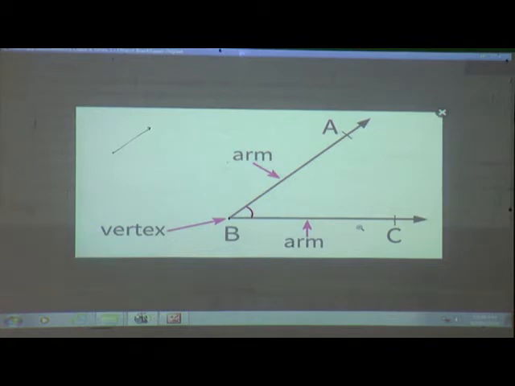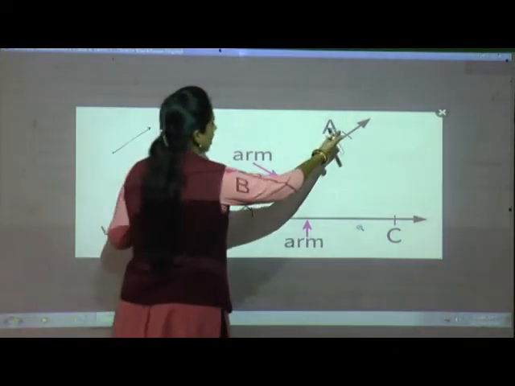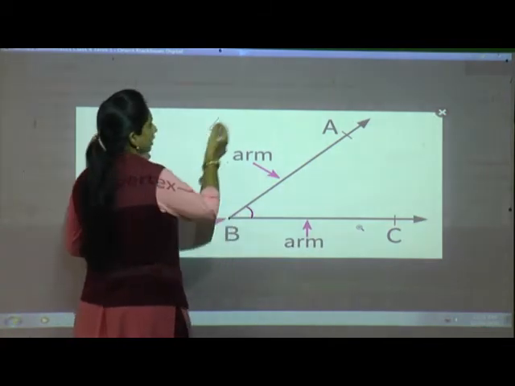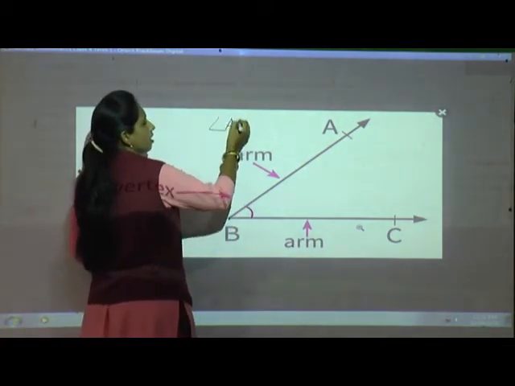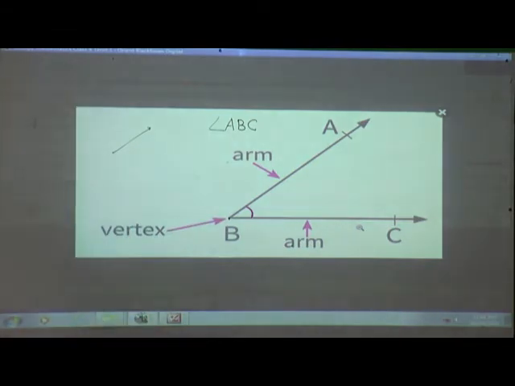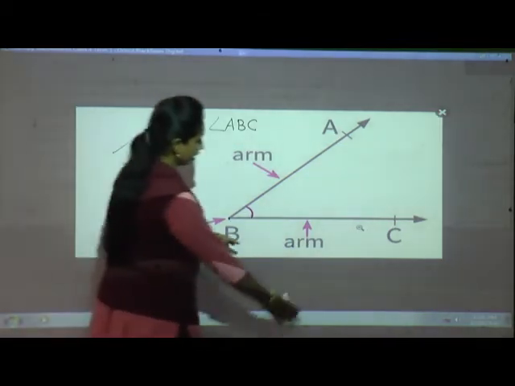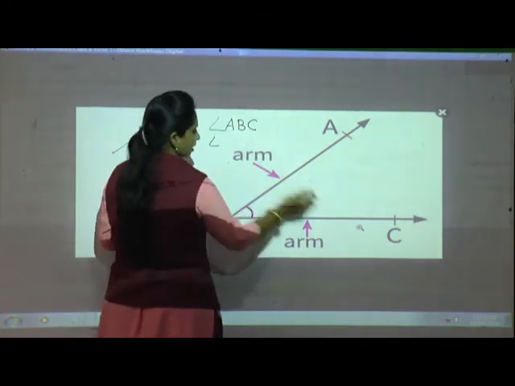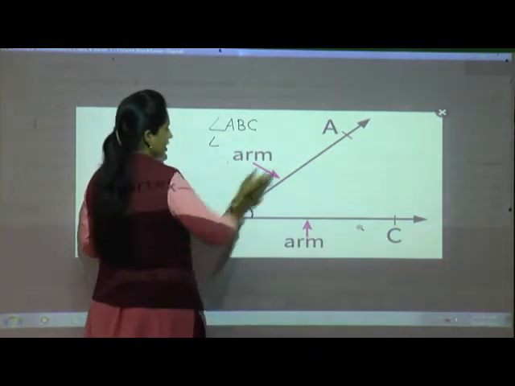The angle is called angle ABC. Now see, can you see the angle? Angle ABC, or else you can write it in short as angle ABC. What is the name of the angle? Angle ABC. And we can form this angle in this way also, from here, CBA.